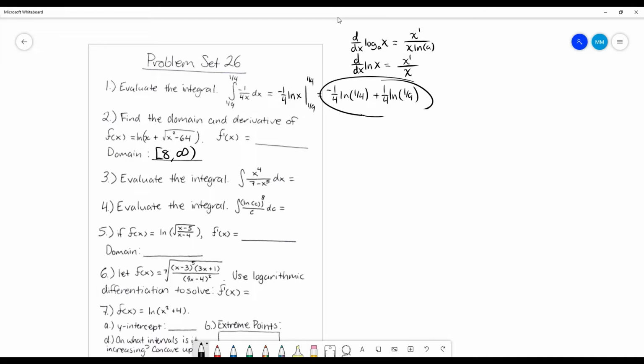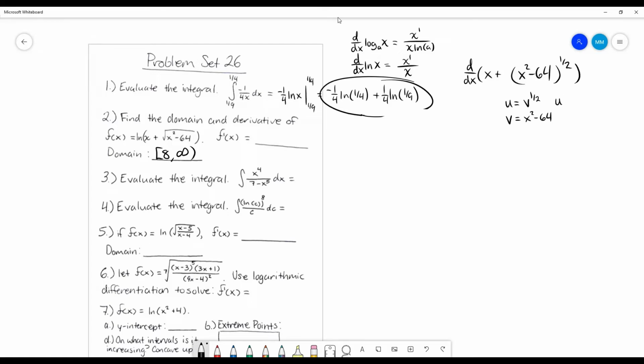So in this case, the derivative is going to be the derivative of this inside just over top that right there. So now we need to figure out what the derivative of x plus the square root of x squared minus 64 is. Well, I can rewrite that square root like so. I like to rewrite it so that we can use that power rule. We are going to have to use chain rule here, so I'm going to write that my outside term is something to the 1/2 power, and then my inside term is that x squared minus 64.